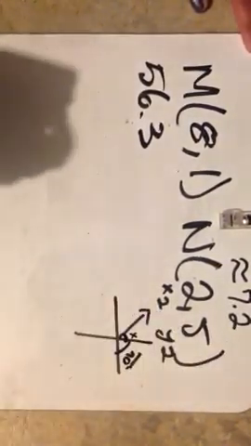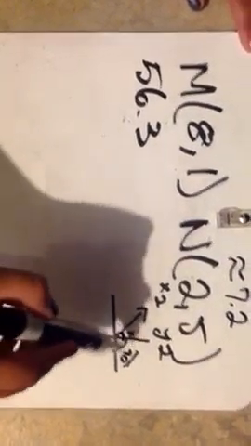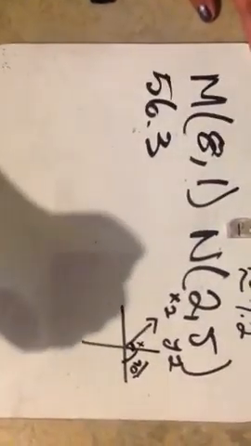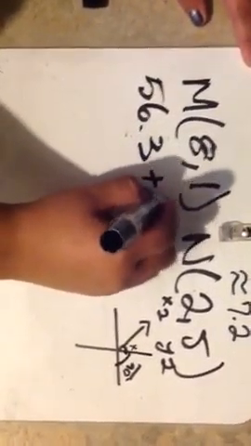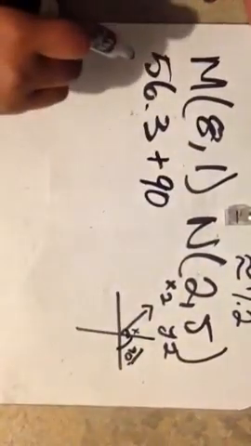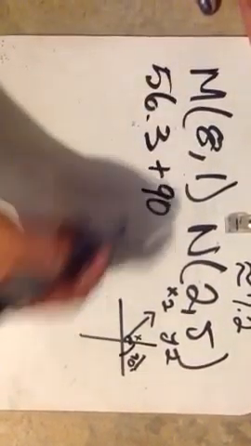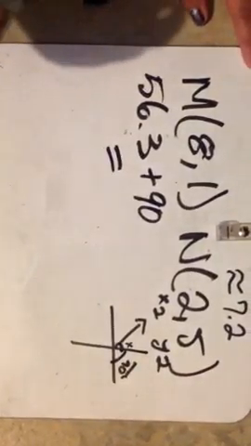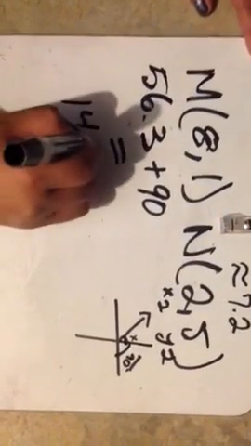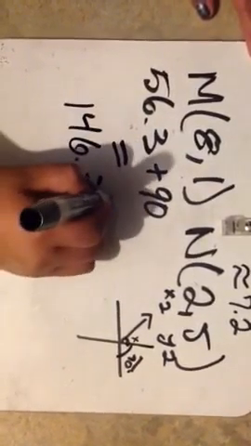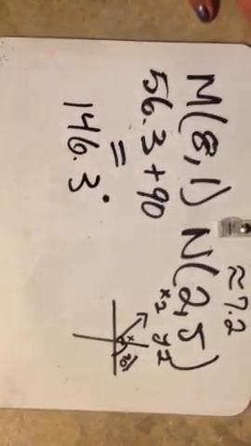We know that the other side is 90, so we have to add 90 to find the total. 90 plus 56.3, your answer should be 146.3 degrees. And that is your answer.